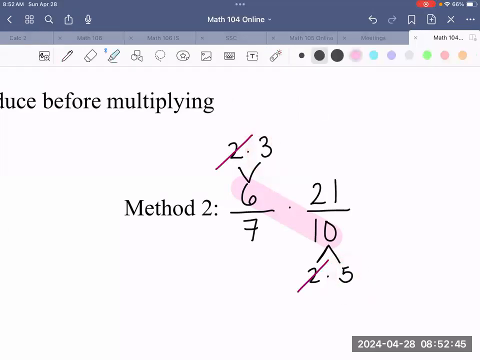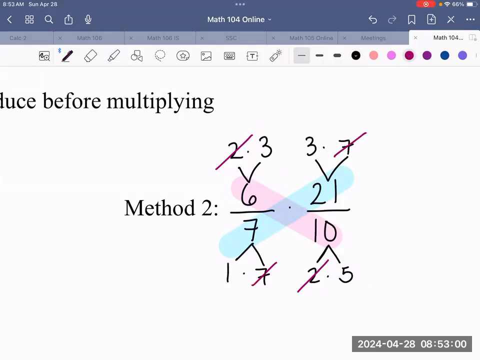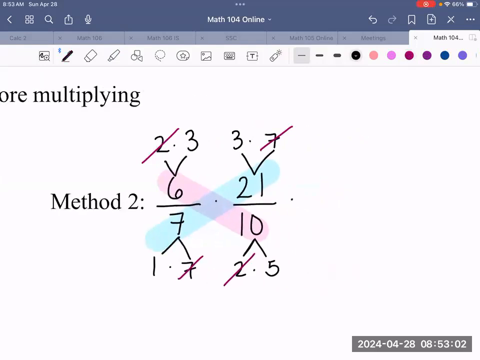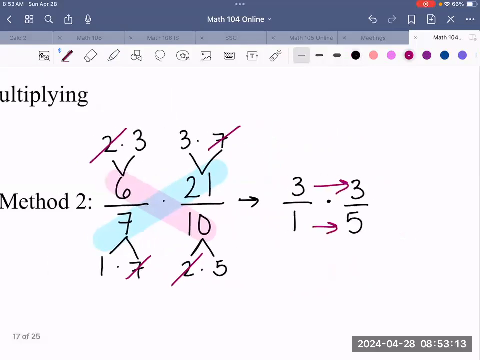Now let's try it again for 7 and 21. 7 has just 1 and 7, and 21 has 3 times 7. And we're just going to be canceling out the 7s. So your new fraction is 3 over 1 times 3 over 5, where we're going to multiply straight across now and get 9 over 5.